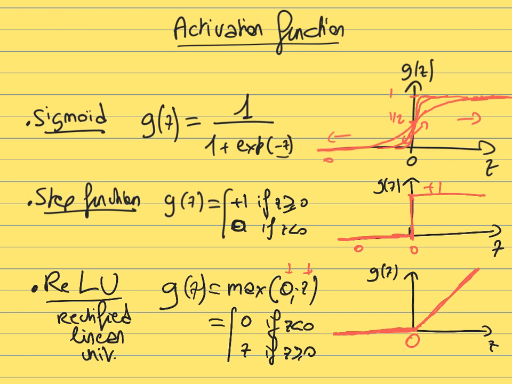So I would recommend the ReLU function, just because it's pretty commonly used nowadays. It's a very powerful activation function that works in many cases, but nevertheless, in some cases, maybe a sigmoid function or other types of function, like a hyperbolic tangent, can be useful.